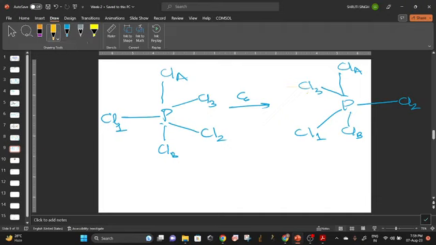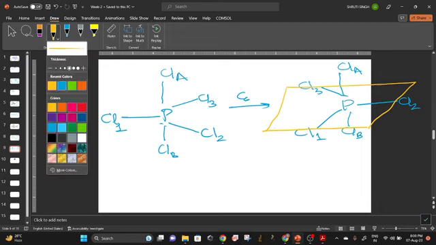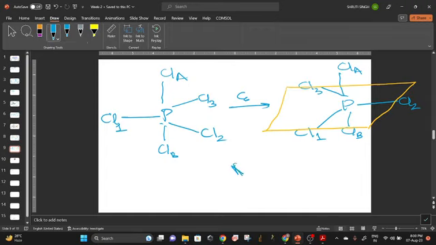Now even if I put the plane and complete the operation, these atoms have already changed place, so they are not equivalent to the configuration given to us. So no S6. After the sigma plane, only Cl A and Cl B will get changed, right? So there is no S6.